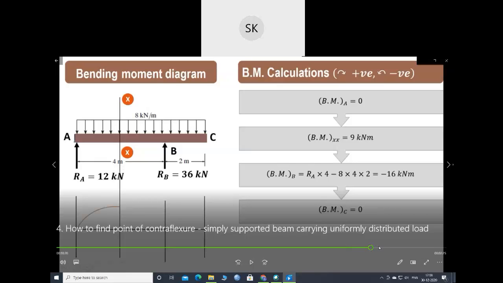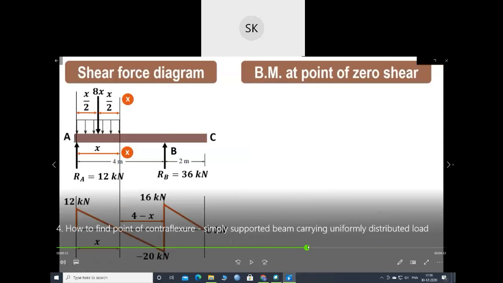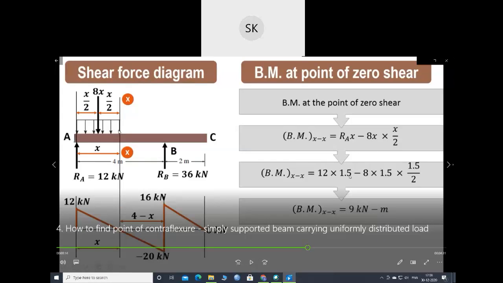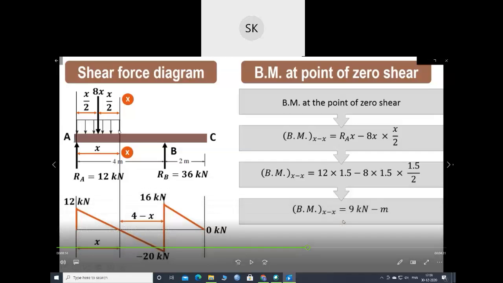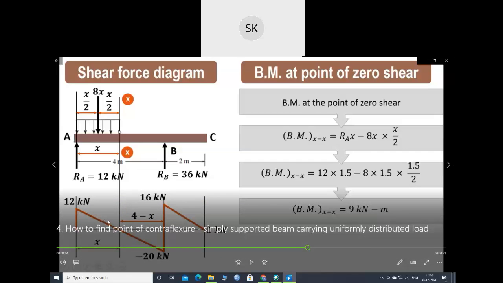Your bending moment is maximum at 9 kilonewton meter, at x equals 1.5. So this is the maximum bending moment. Always remember, when the shear force changes sign, you will have a maximum bending moment. Here the shear force changes sign from positive to negative, and at this point you have your maximum bending moment.